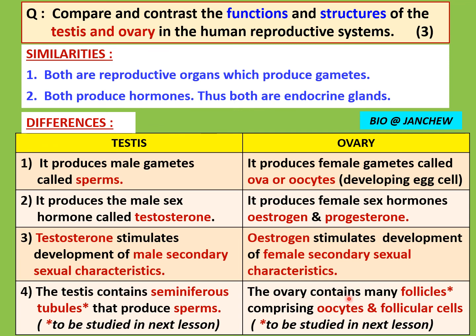Whereas the ovary does not have these seminiferous tubules, they have what we call follicles. Follicles are just like bags that contain the oocytes or secondary oocytes or developing egg cells and other cells called follicular cells. So they are sort of spherical in shape.